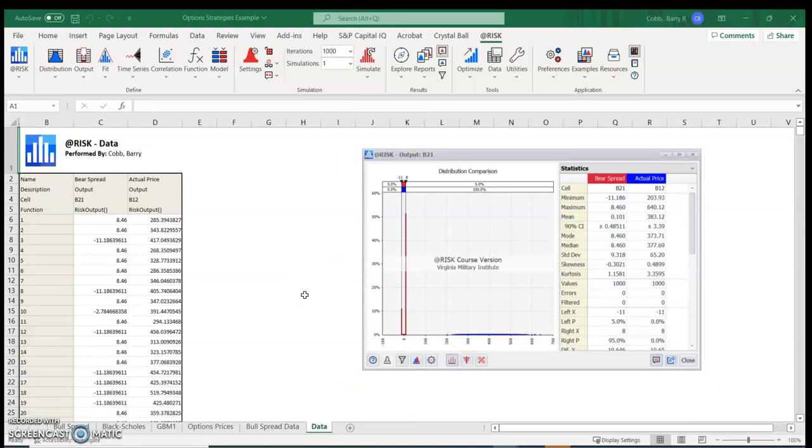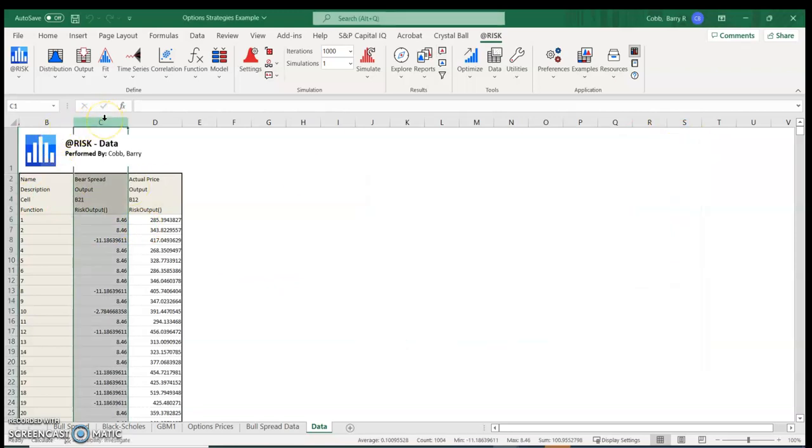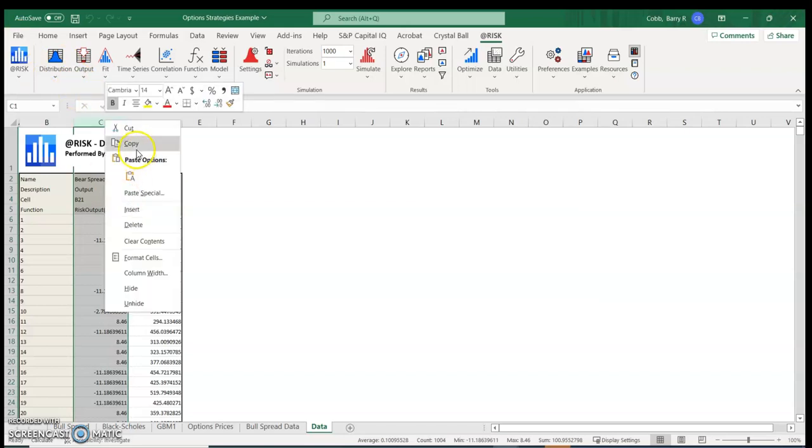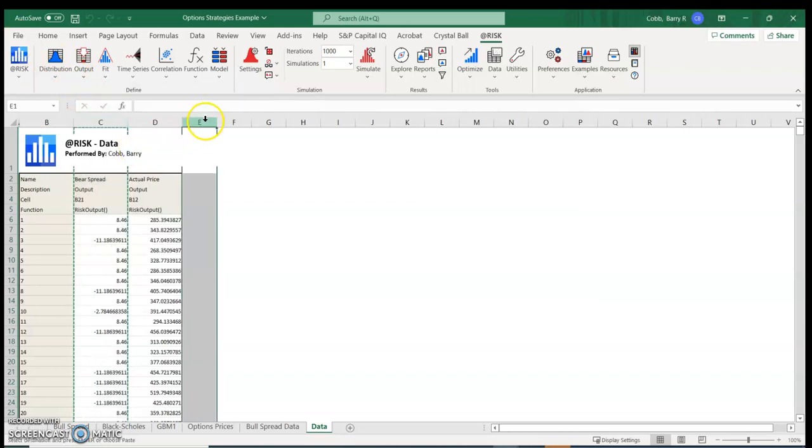All right, so here's our data for the bear spread and the actual price. The easiest way to graph this is to copy the bear spread data to the right of the actual price data.